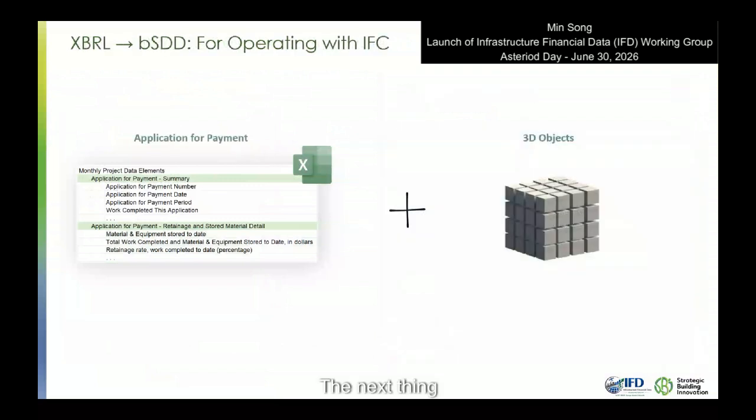The next thing, after defining the XBRL definition, that we can explore is integrating financial data with 3D objects, in this case, OpenBIM. For instance, imagine that you have a bridge deck 3D object, and there are applications for payment associated with that bridge deck object or that specific construction work.